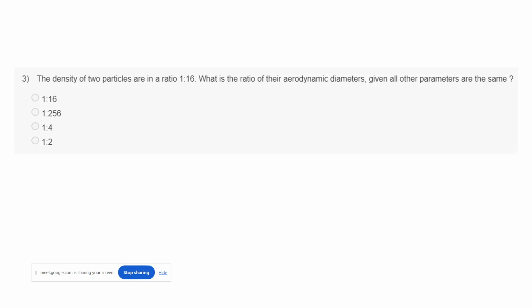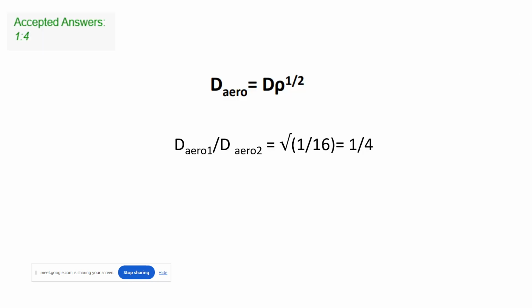The density of two particles are given, which is in the ratio of 1 is to 16. So what would be their aerodynamic diameter ratio? Okay, the correct answer is 1 is to 4.